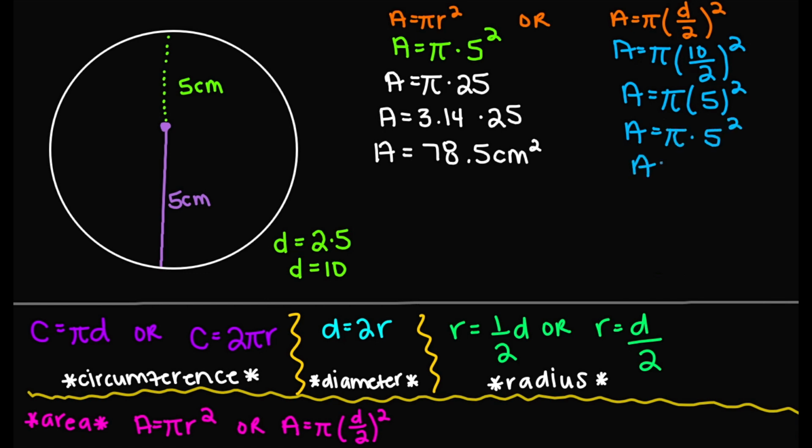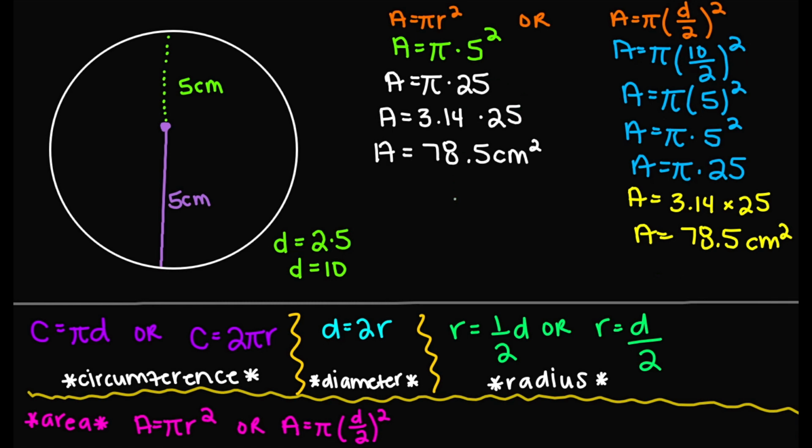So A equals pi times 25, because 5 squared is going to equal 25. And then when you multiply with your pi, approximately 3.14 times 25, this is going to give you about 78.5 centimeters squared.